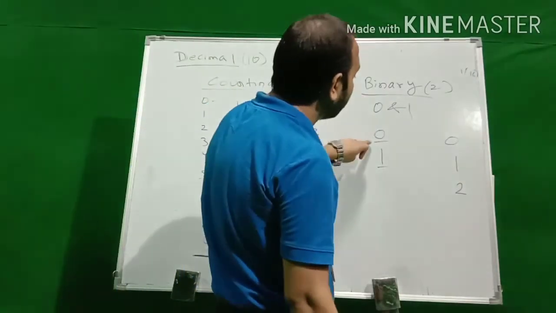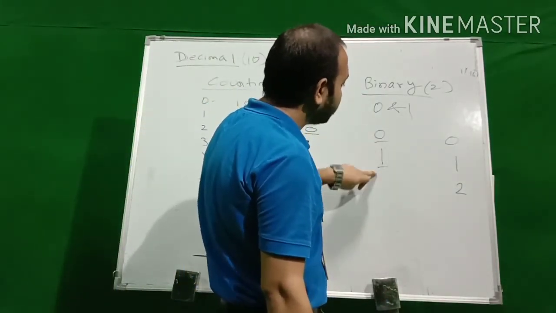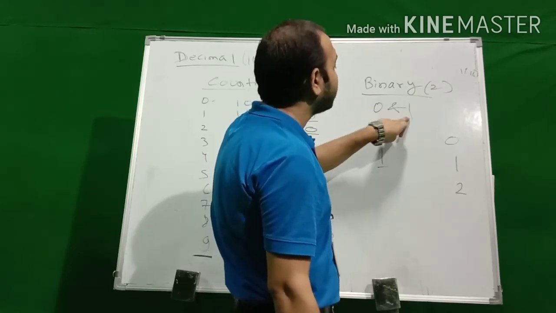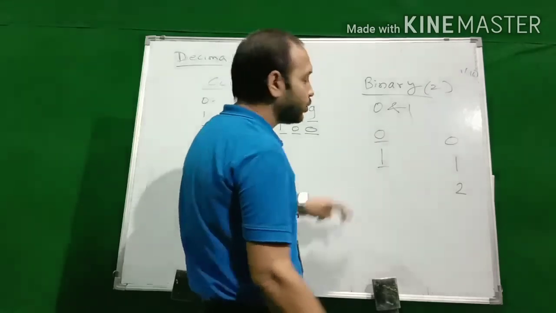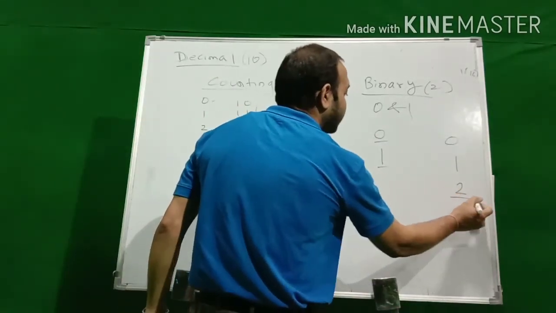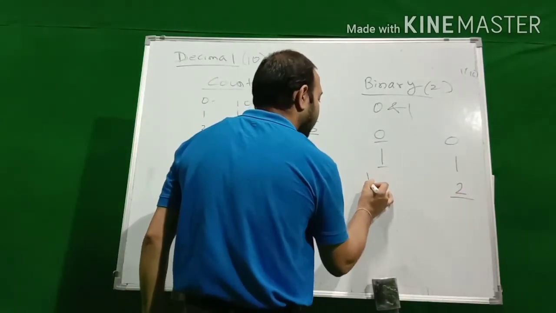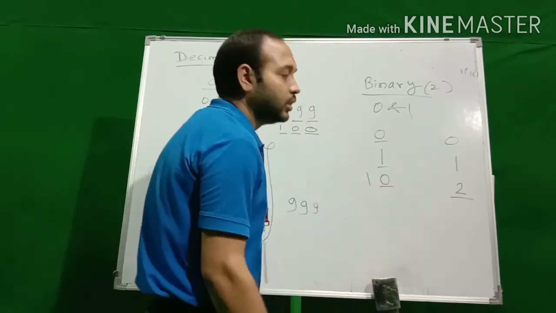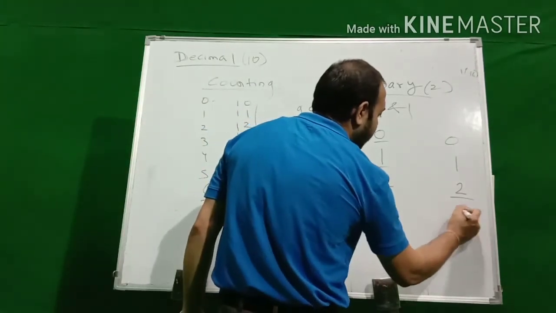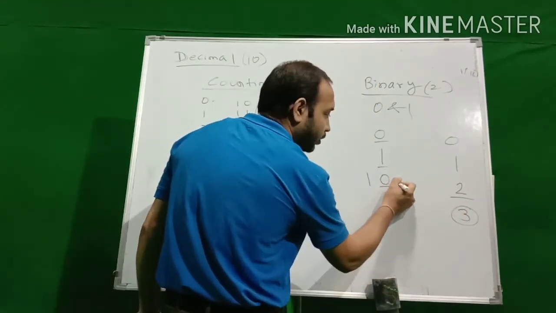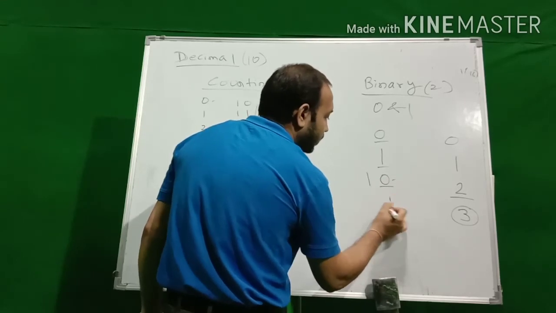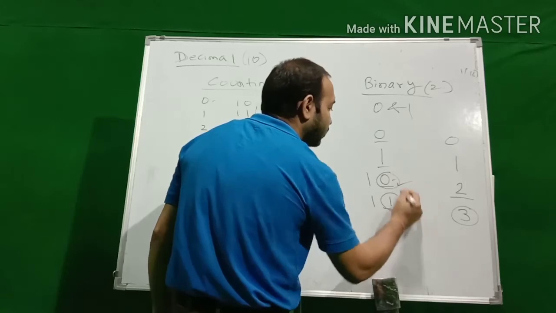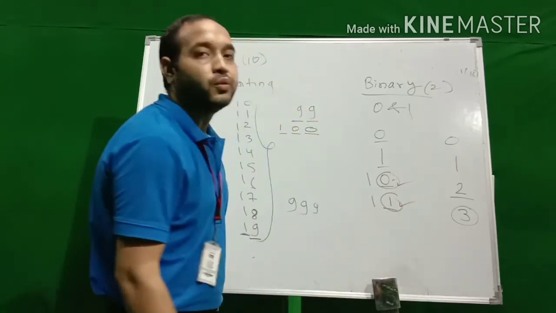So same in binary, when you have used your unit position, first position, and you have used both digits, then you have to go to the next position. So if you want to write 2, again you have to start from this. Now 1 0. Now again if you want to write 3, 0 you have used, now 1. So again you have used 1 0, again you have used 1.